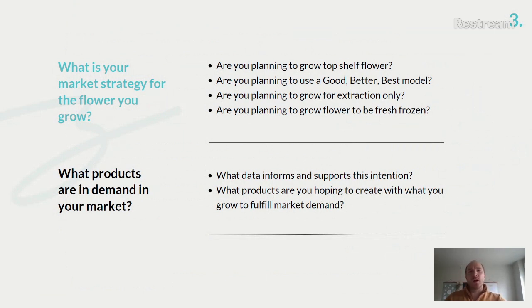And you'll notice I have a couple of sub questions here that are really just a couple of the common market strategies for the flower. What I hear most commonly is we're going to grow the absolute best, the top shelf. That's great.